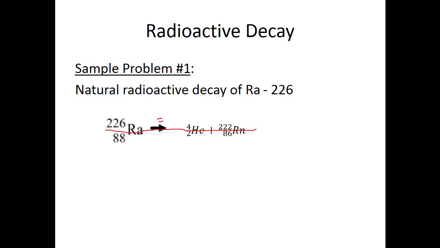We started with 88, and since we emitted an alpha particle, we're already at an atomic number of 2, and to get to 88, we have to add 86. Well, the symbol that owns the rights to 86 is Rn, which is going to be our end product. So again, 4 plus 222 equals 226, and 86 plus 2 equals 88.